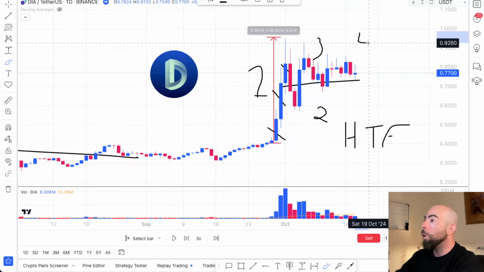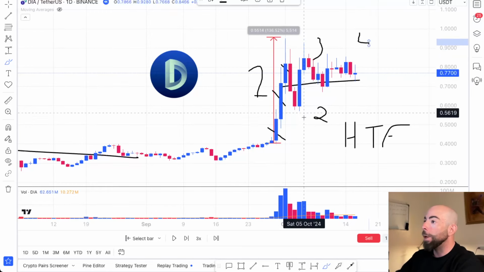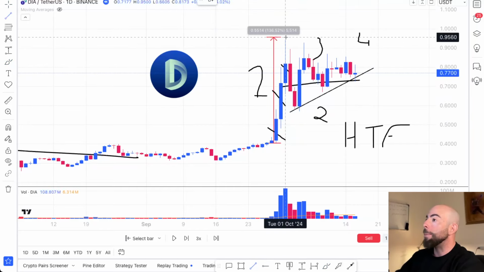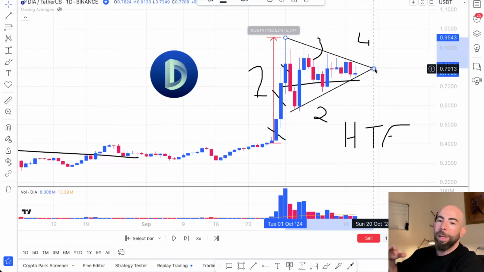And number 4 would be a contraction in volatility. You can see that if I frame this, it will look like a pennant. Now, everyone is like, pennant doesn't work, whatever. I don't care if this is a pennant, a flag, or whatever. But it looks like a pennant. Now, the beauty of a pennant is how the volatility of the price action contracts.